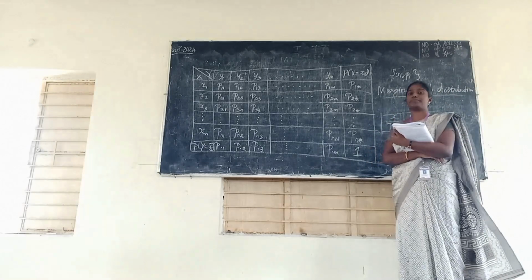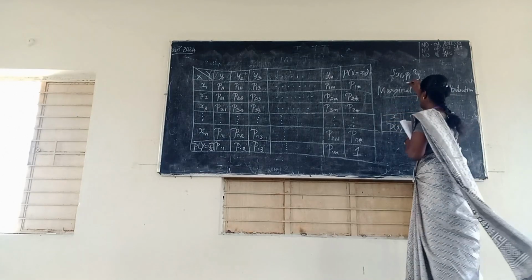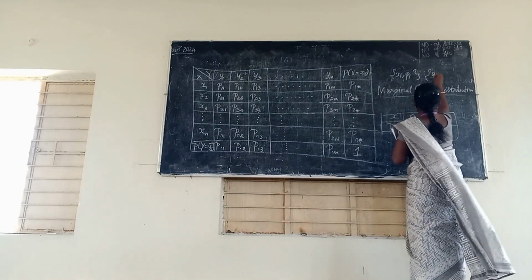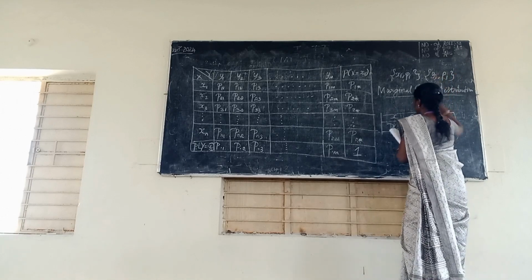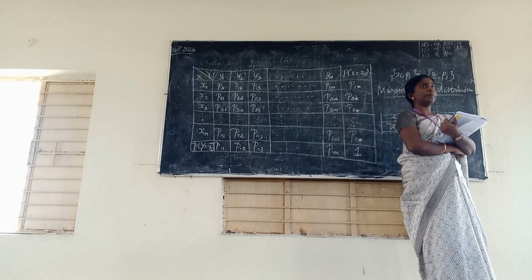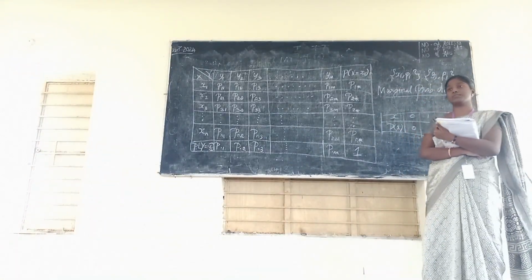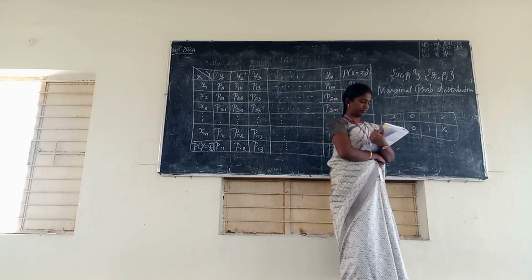Full stop. The set yj comma pj is called the marginal probability distribution of y.